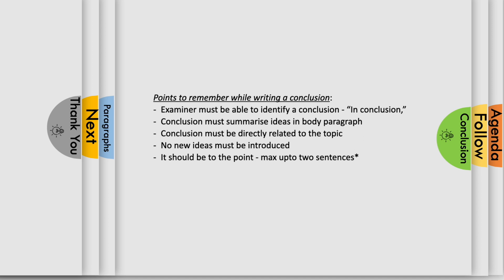We need to stop that, as it will only result in reduction of band scores. IELTS essay conclusion must only summarize the main ideas in the body paragraphs. And the last is, it should be to the point. Do not write more than 2 complex sentences, and now we are going to see that.